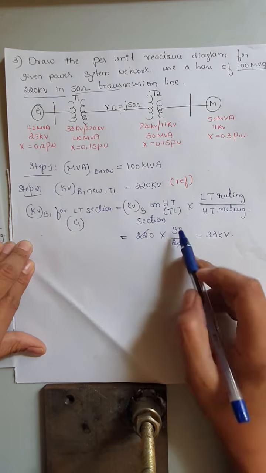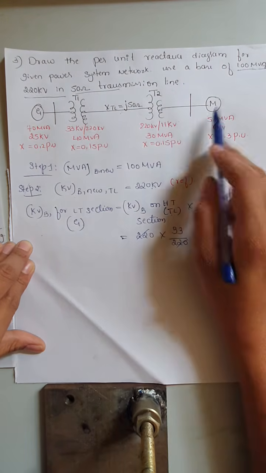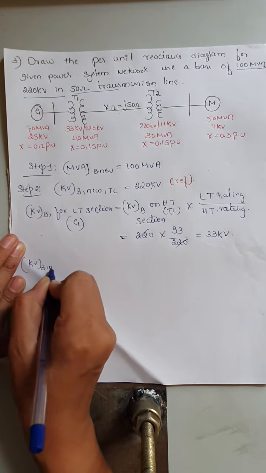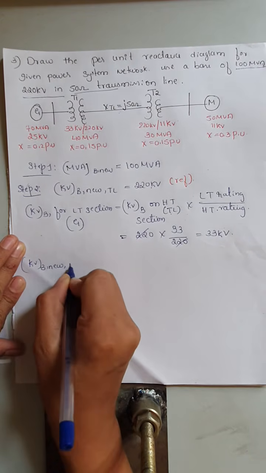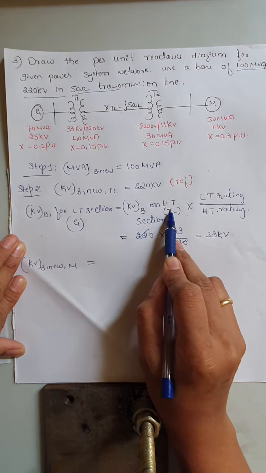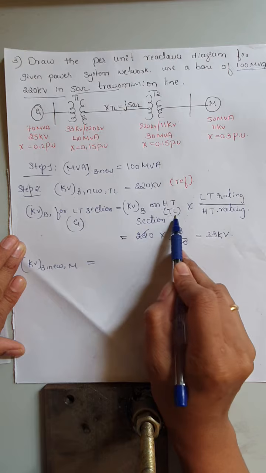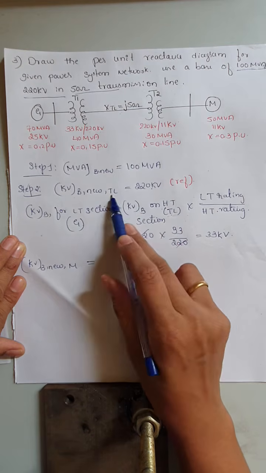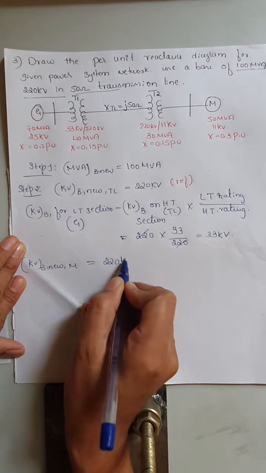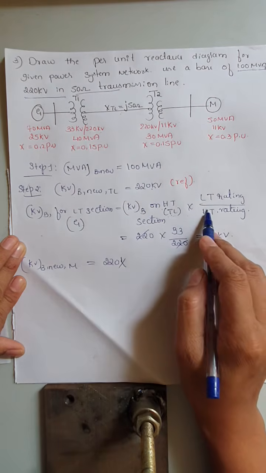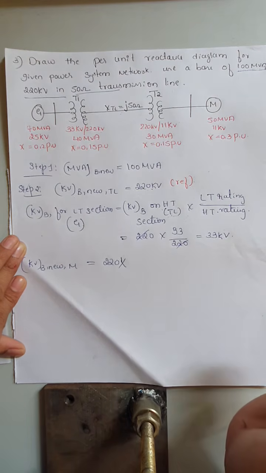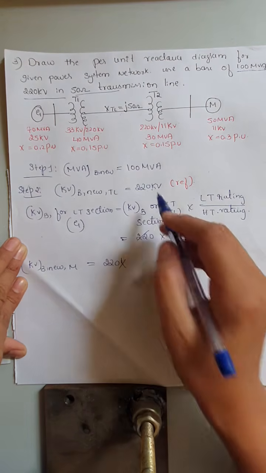Next, similarly using the same formula, calculate the base voltage for the motor. Kilovolt base new for the motor is equal to kilovolt base on the HT section. HT is always the transmission line. That base voltage we have already written here, that is 220, multiplied by low voltage rating by high voltage rating.